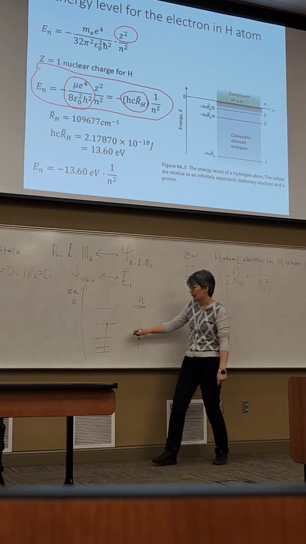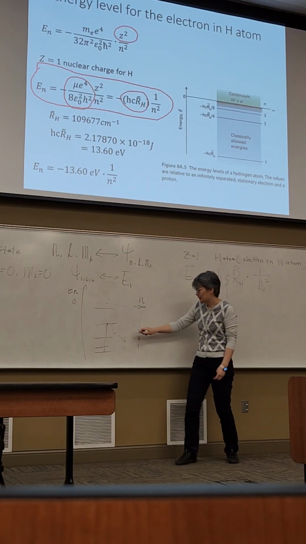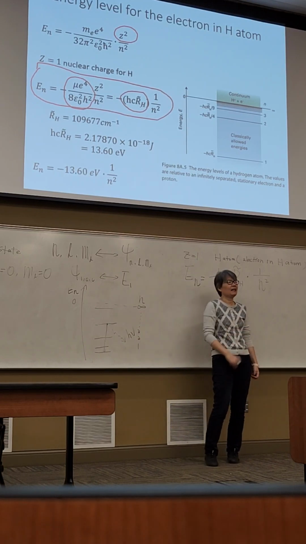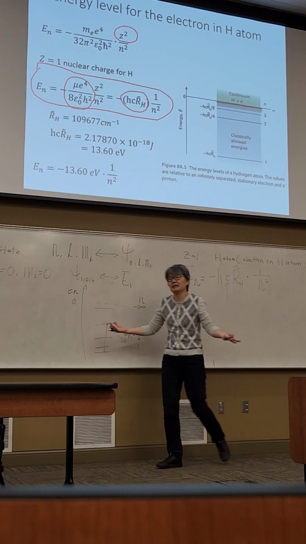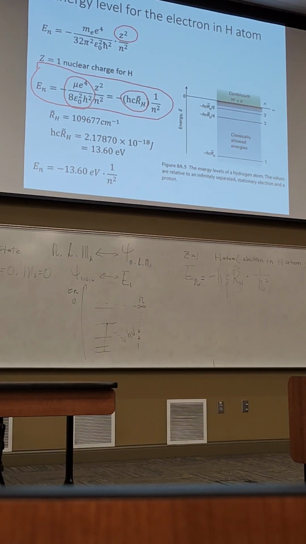So the excess energy will be emitted as a photon. That is what emission spectroscopy is. The system transits from the higher level to the lower level, and the extra energy difference between the two is emitted as a photon.